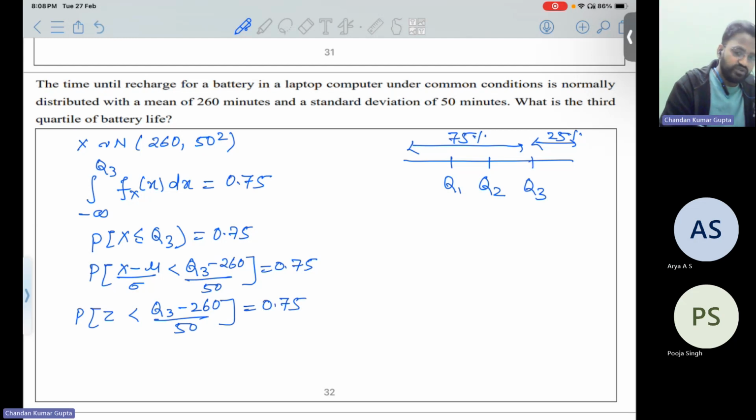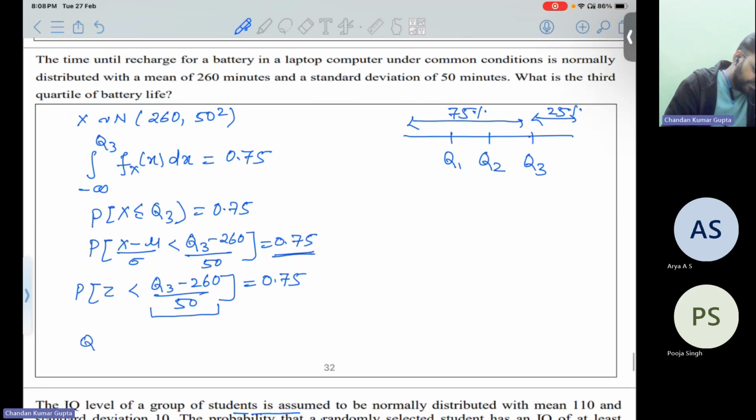Now again we will see this value from the normal table, and approximately (Q3 minus 260) upon 50 equal to 0.68.